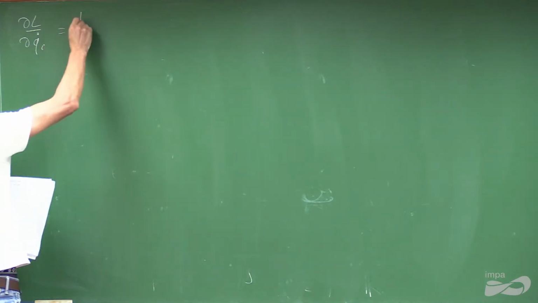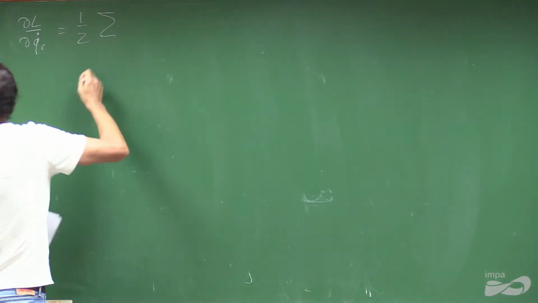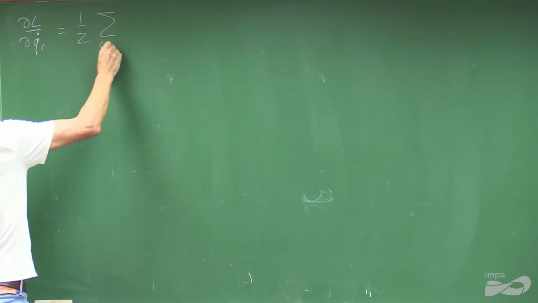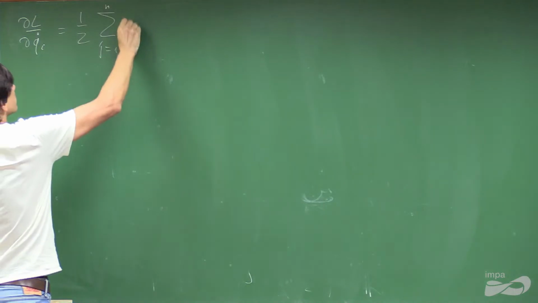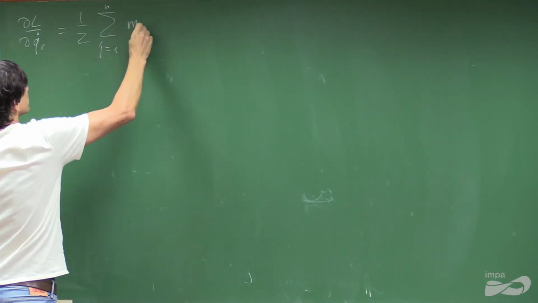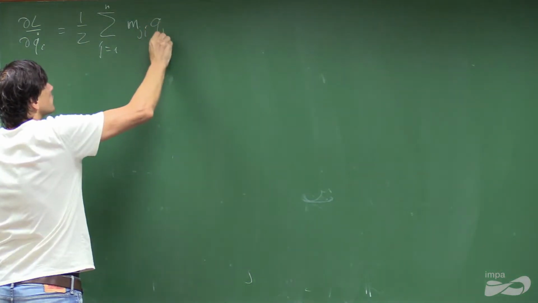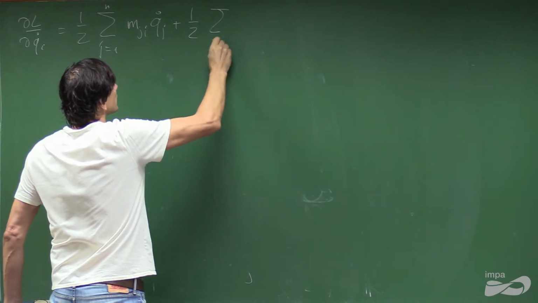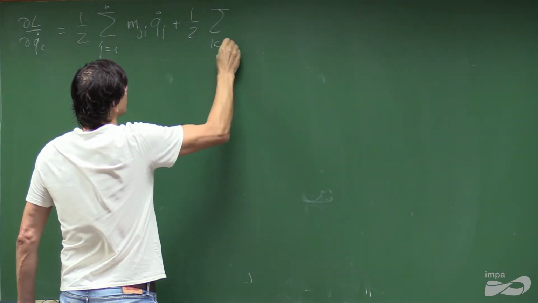So there will be three sums. So it will be 1/2, first sum. Let's take when k equals i, so j will remain, q_j dot. Second sum will be when j equals i, so k remains.